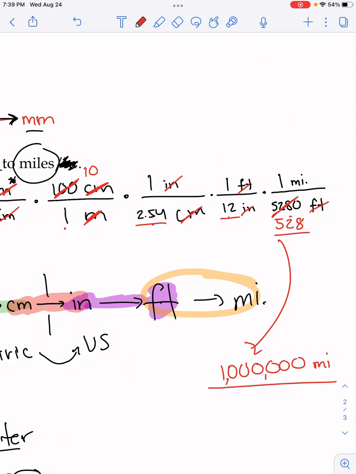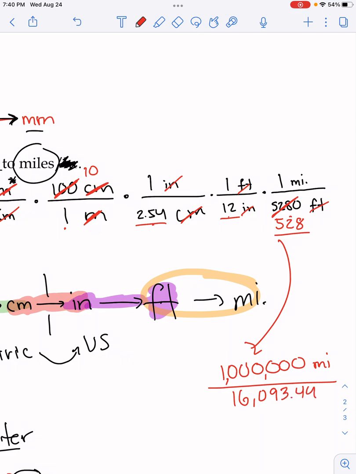Okay, we will get, well, actually, will we get a decimal? Times 12 times 528. All right, that is 16,094 and 44 hundredths.